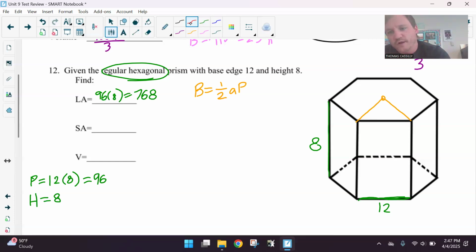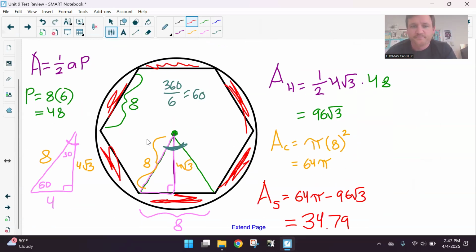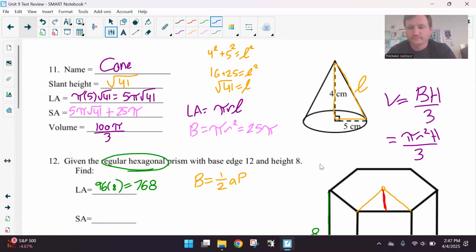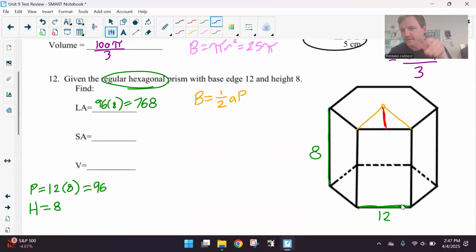If I'm going to use red here, this guy is our apothem. Now, in one of our earlier videos, we had a hexagon. It's going to follow the same procedure as what's going on right here. So if we look back here, this is a hexagon, but you've got to think this is a perspective, so it looks a little bit different.